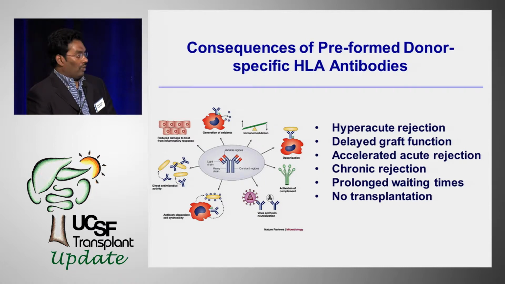They can fix complement and kill the organs. It connects both innate and adaptive immunity, and it has a lot of consequences. It can go from hyperacute rejection to chronic rejection. And it can also eliminate transplantation. If the patient is highly sensitized, it is very hard to find a suitable donor.